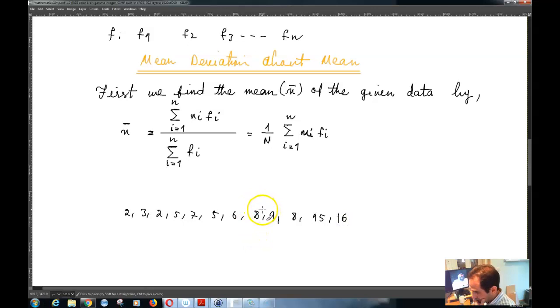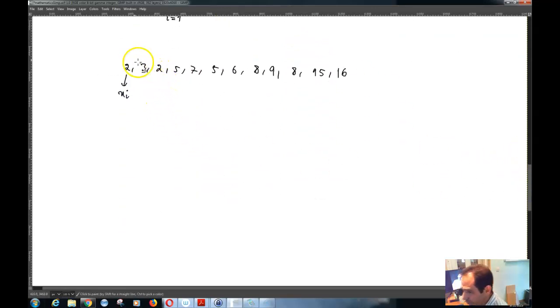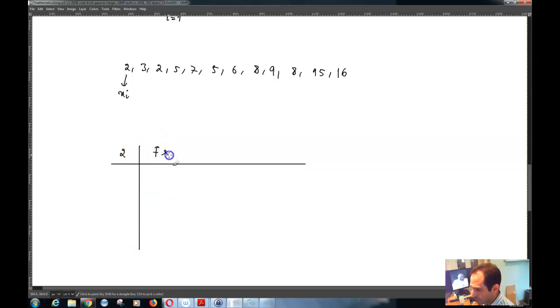In order to find the mean of your data here, you can use this formula. Each of these is called an xi. For example, how many times does 2 happen here? 1, 2 times. So the frequency related to 2 is 2.